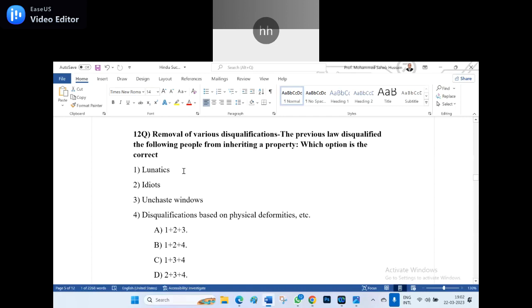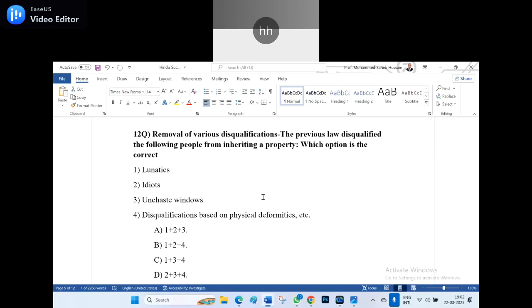You missed it. Lunatics, okay, good. Idiots, good. I say previous law. Unchaste, what did I write? Windows. Is it windows? Yes, sir. Yes, you missed. You did not observe fully. It is not the unchaste windows.